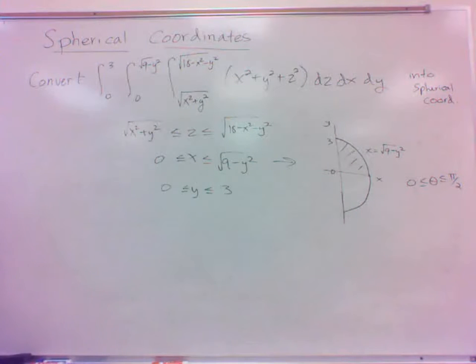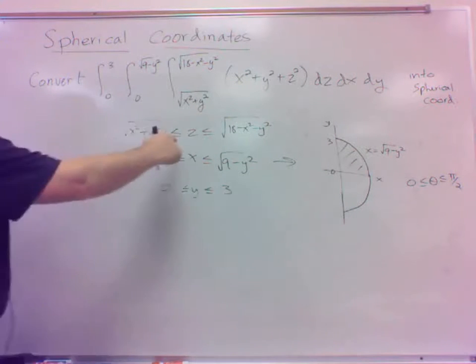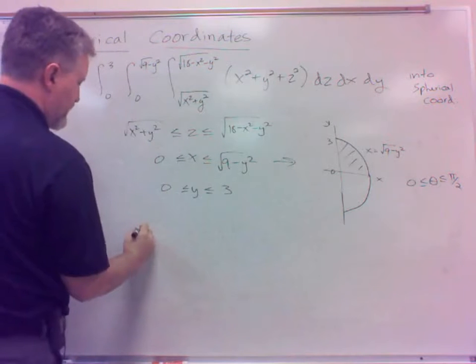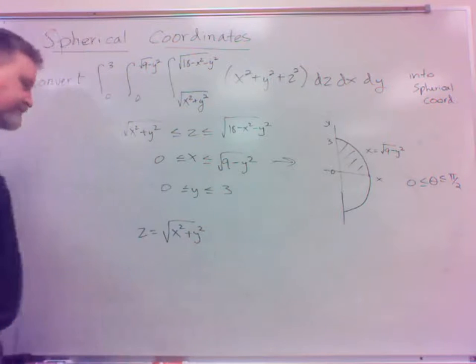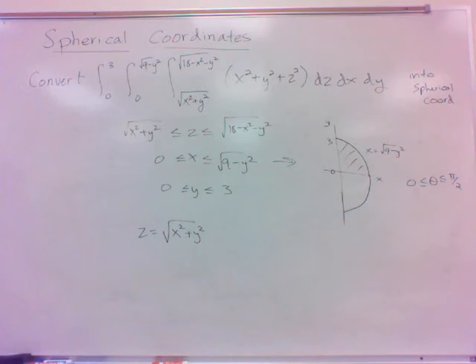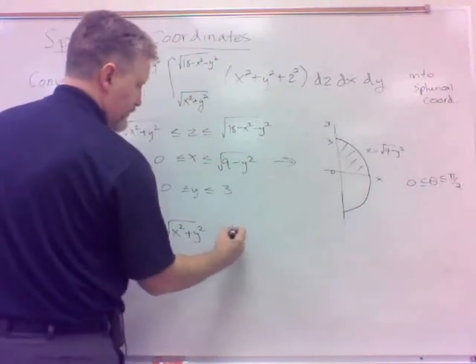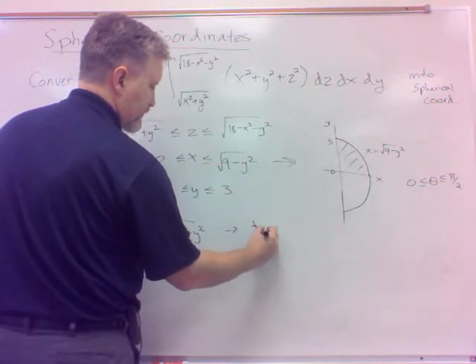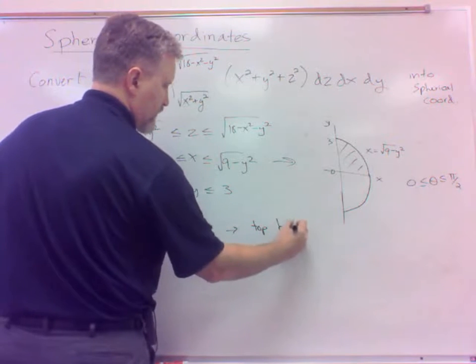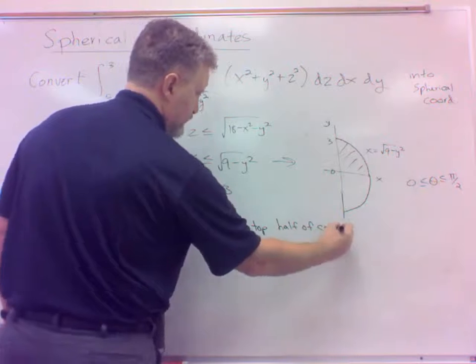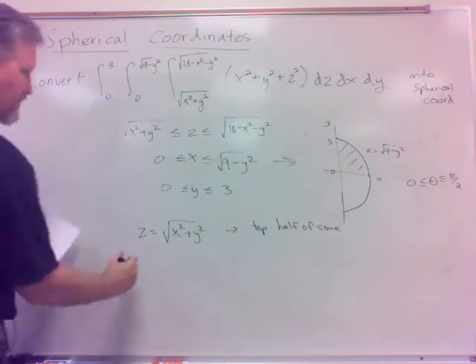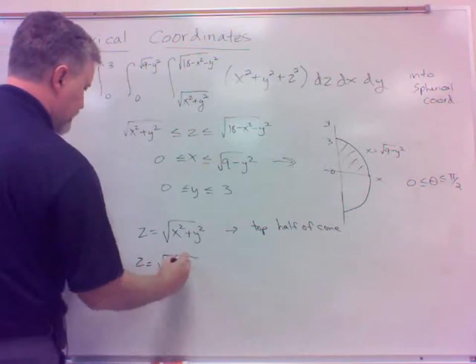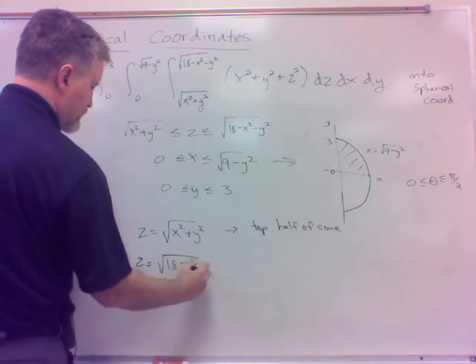Now, if we look at z, the lower bound of z is the square root of x squared plus y squared. Well, that tells me we're talking about the top half of a cone. And then the upper bound, z equals the square root of 18 minus x squared minus y squared.